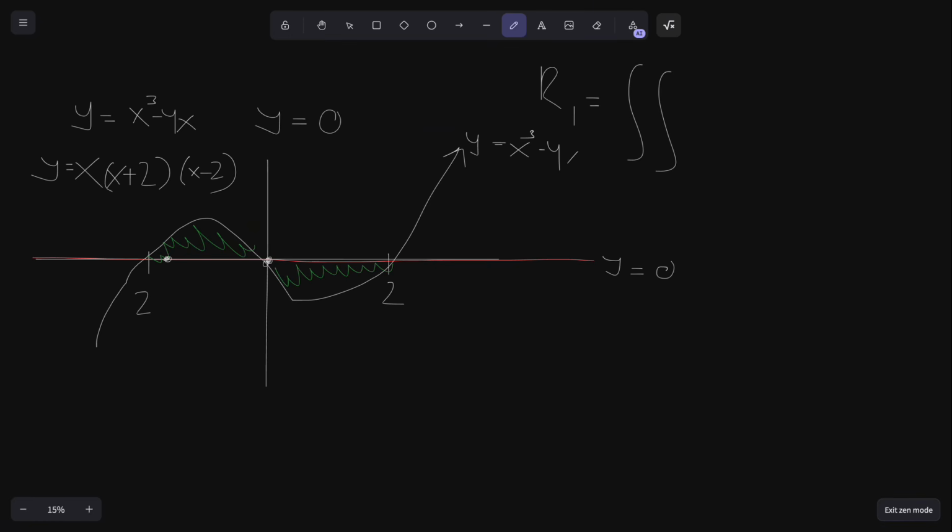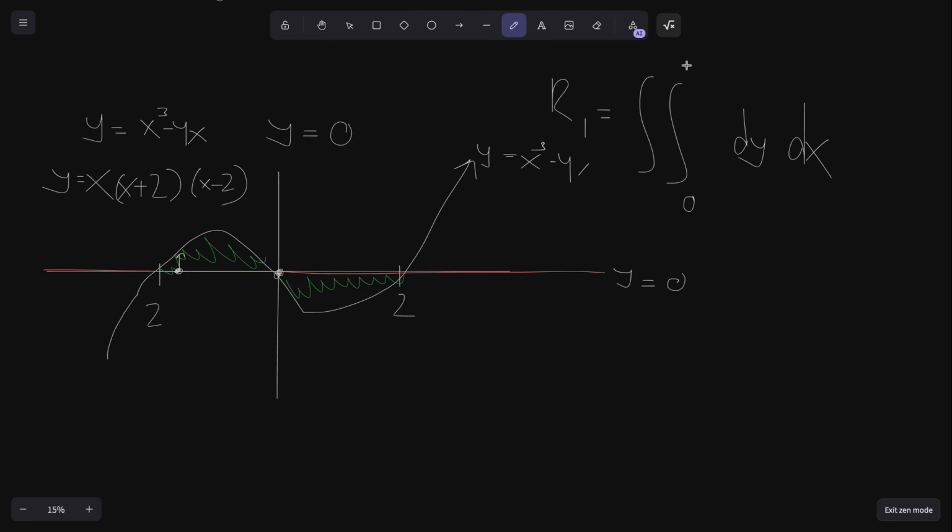Therefore, this is going to be an integral where dx is on the outside, because you're looking at a constant x perspective. The y bounds are from y is equal to 0 to y being x to the third power minus 4x. And then the x bounds, well, it goes from negative 2 to 0.